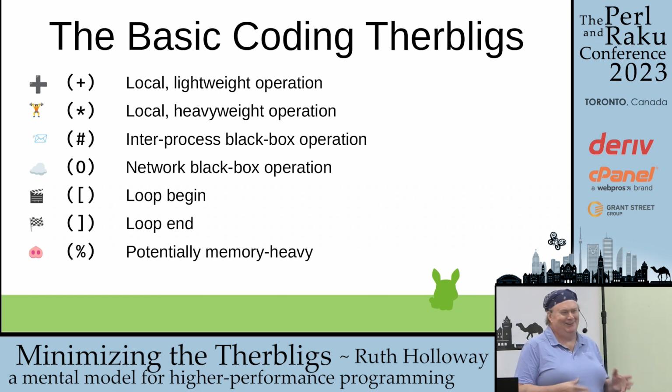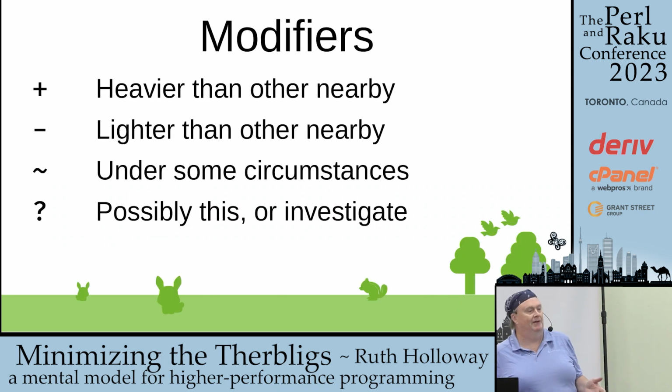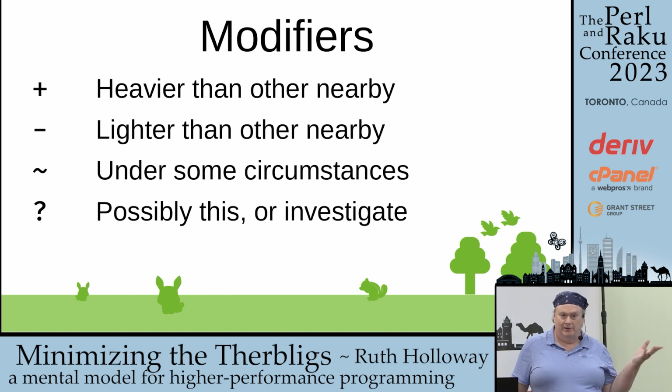I don't even know which one is which on which servers, but you may experimentally find after a time that it's cheaper to do one than the other. So these are all relative to others of the same type. So I created some modifiers for use within a block of code. One may be heavier or lighter than another one nearby of the same type.